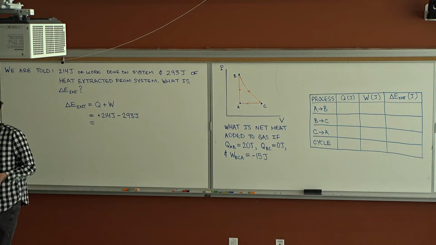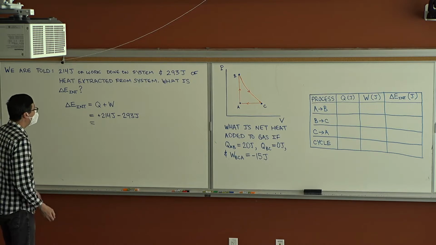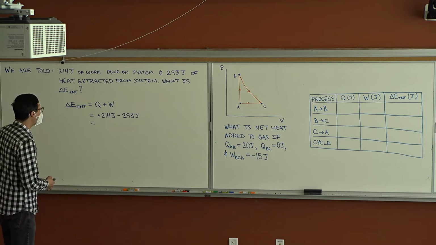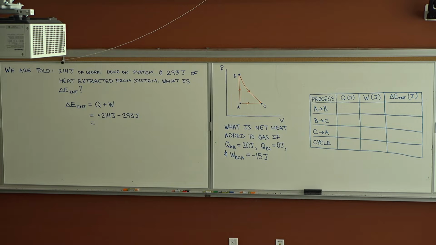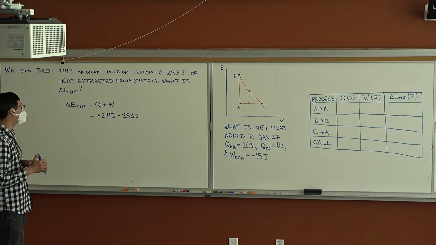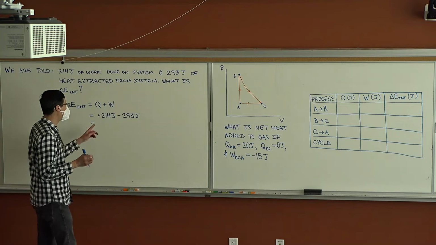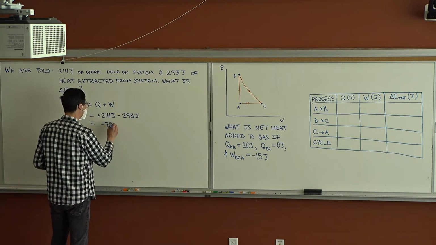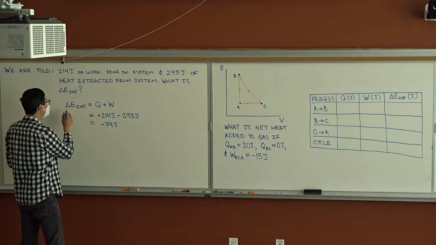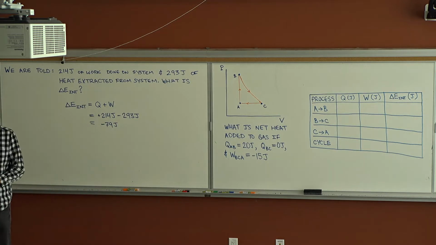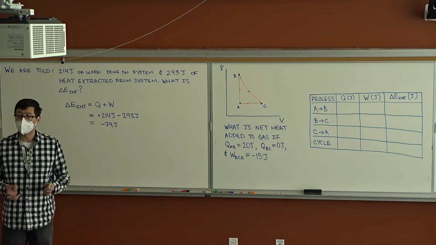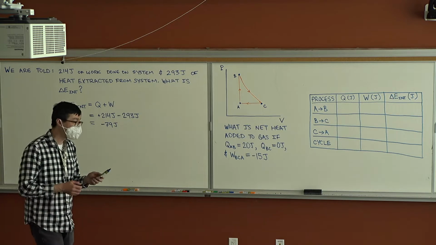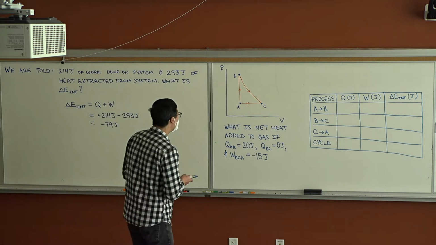Does that make sense? All right. So 214 minus 293, let's see, minus 79, is that right? Is delta E internal? Does that make sense? Okay. All right.